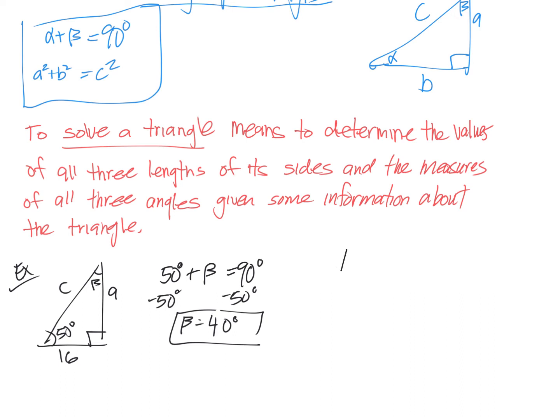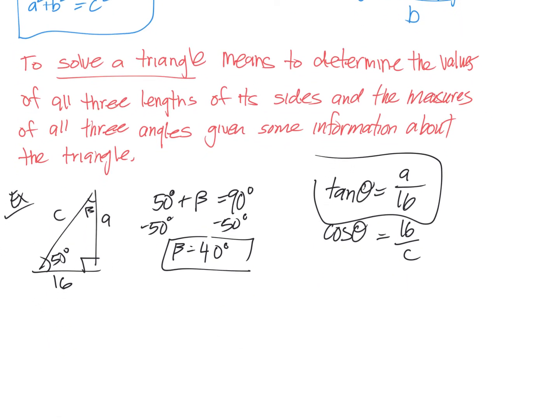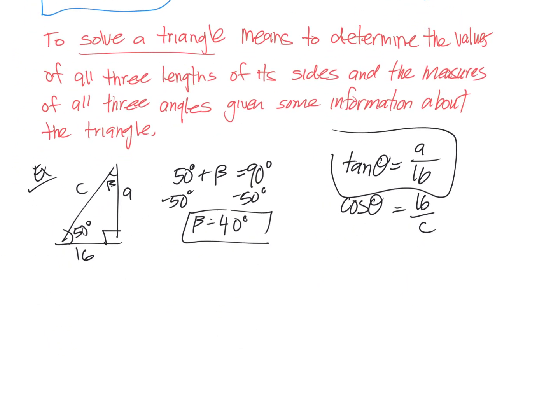So we have the options of either saying tangent of theta is a over 16, which is opposite over adjacent, or cosine of theta is 16 over c, which is adjacent over hypotenuse. Just because I wrote this first, we'll go ahead and solve it with tangent. Either way works.